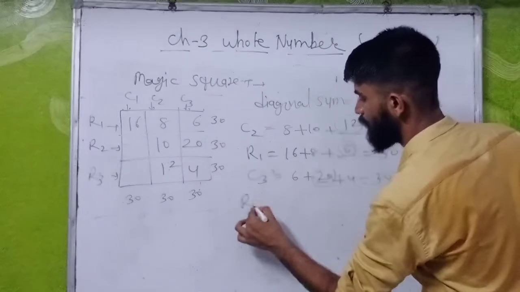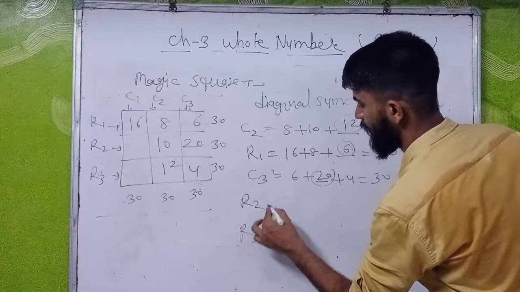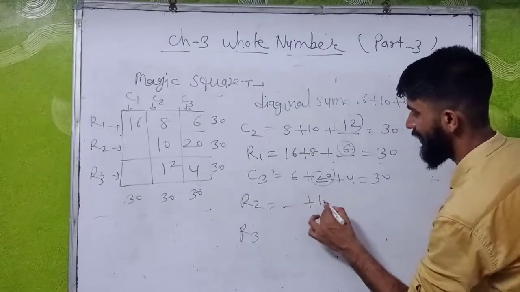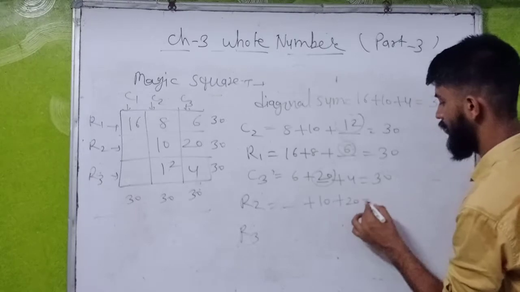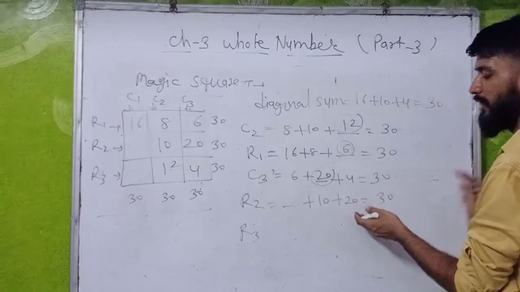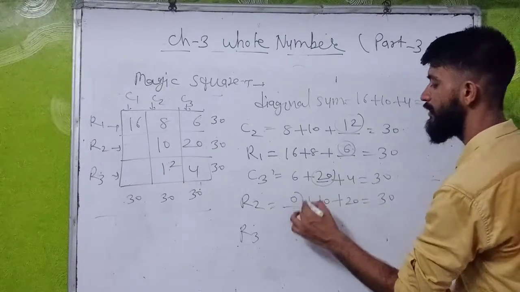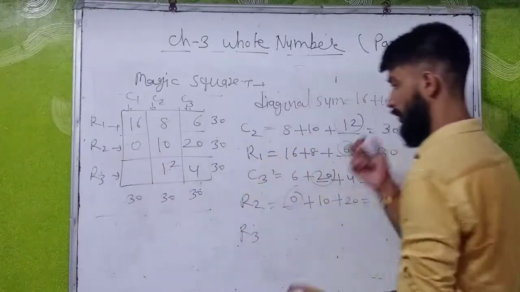Now R2 and R3. R2 is blank plus 10 plus 20 equals 30. 10 plus 20 is already 30, so the number added here is 0.